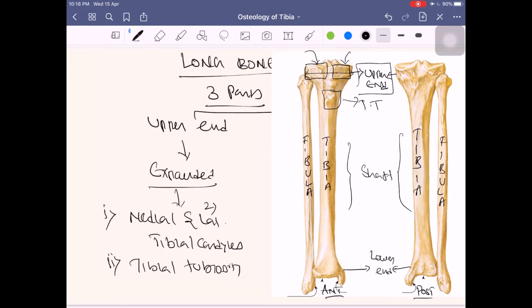If you notice here, in this case we can make out that the medial condyle is larger than the lateral condyle. Both these condyles will articulate above with the respective femoral condyle to form your knee joint.